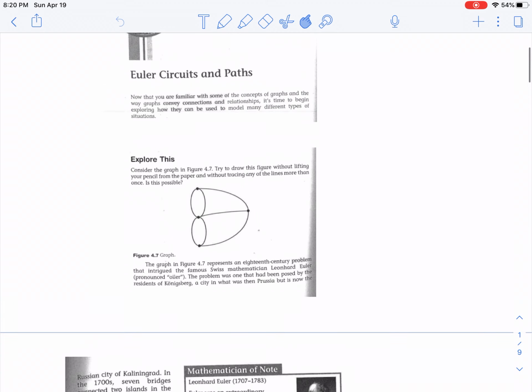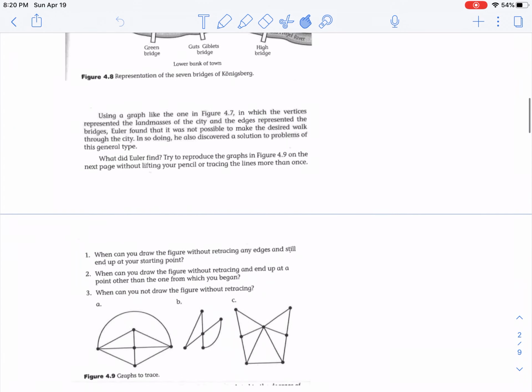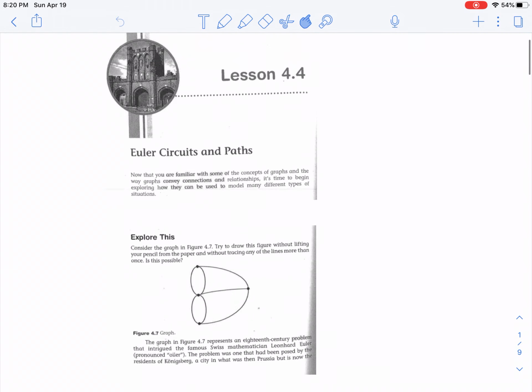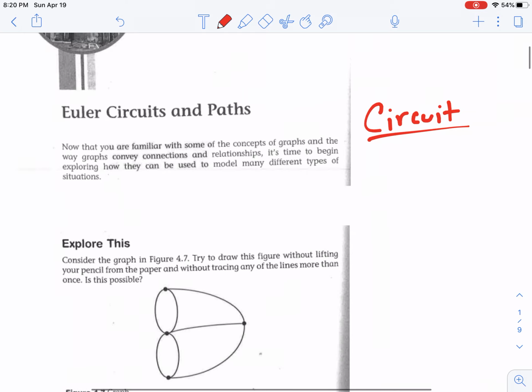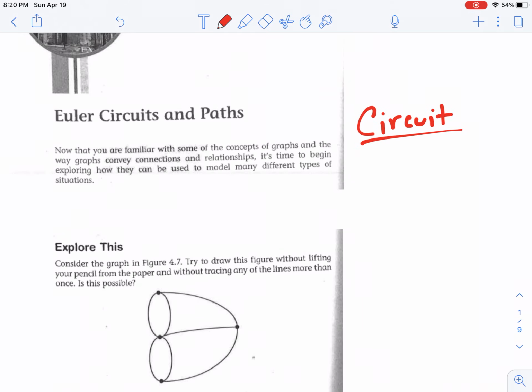So, first thing we should define is what is a circuit and what is a path. I know I'm doing a lot of scrolling here. Think about the word circuit and how you may have used that word in the past. A circuit is anything that flows from an origin throughout the entire map or diagram or figure and arrives back at its original origin.